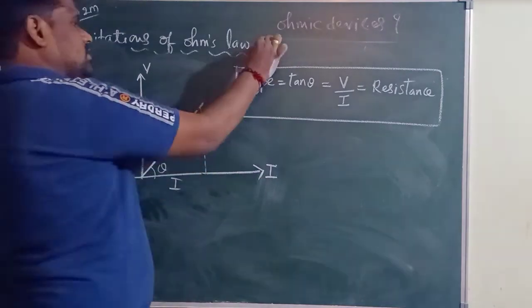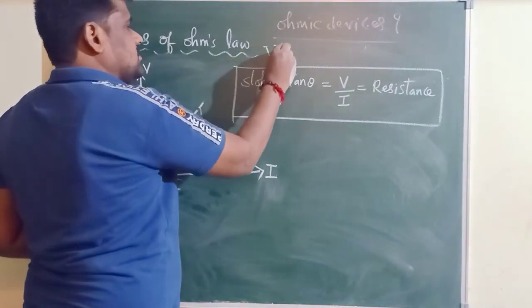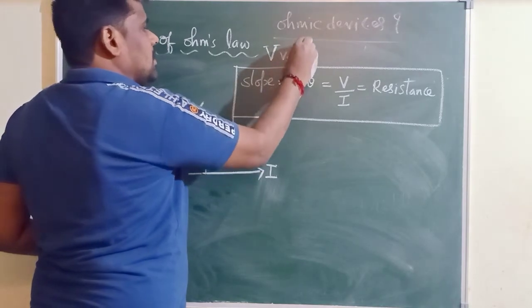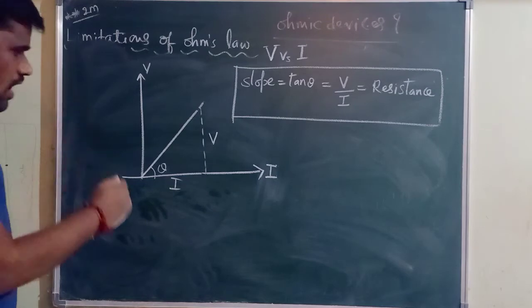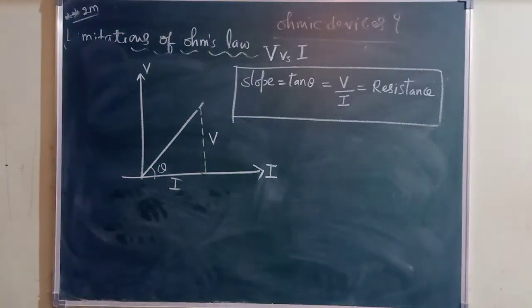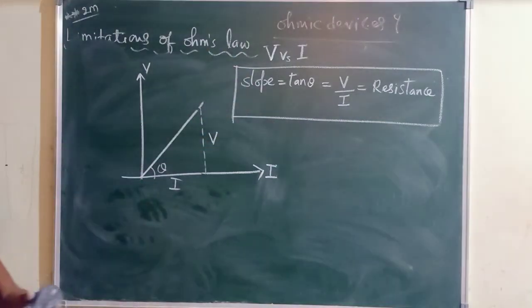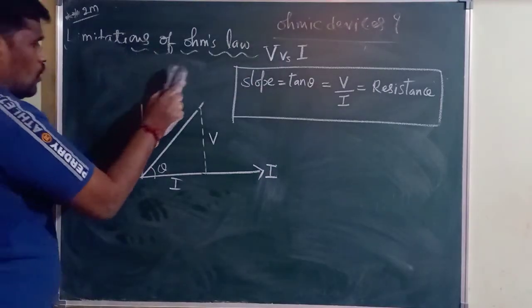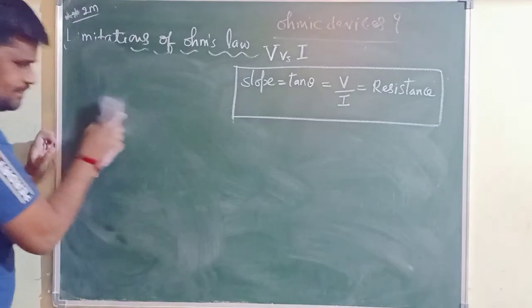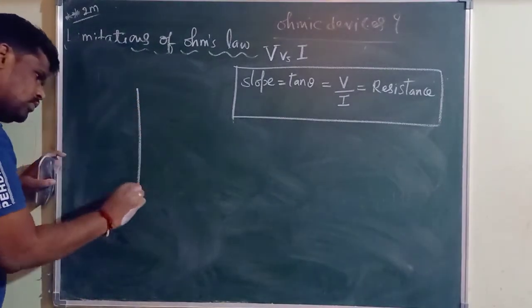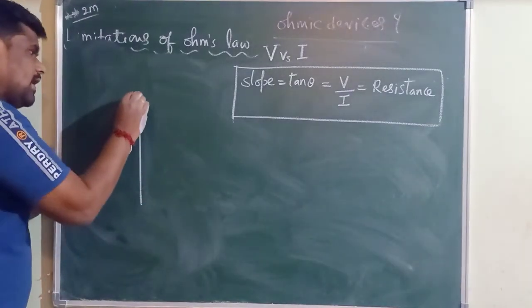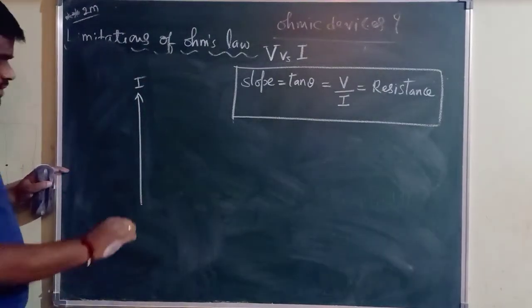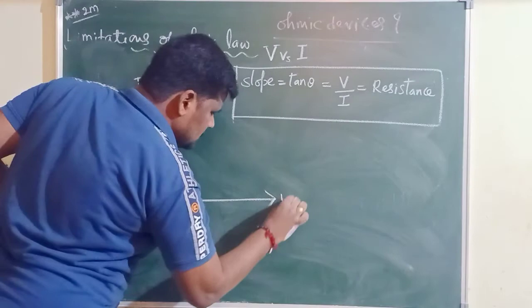Suppose you take voltage on the y-axis and current on the x-axis, plot the graph and find the slope, then that slope should be equal to resistance. Suppose I plot the graph in reverse, that is, by taking current along the y-axis and voltage along the x-axis.